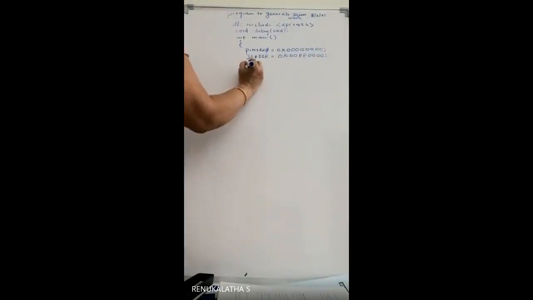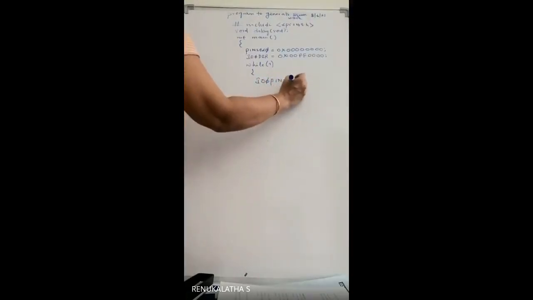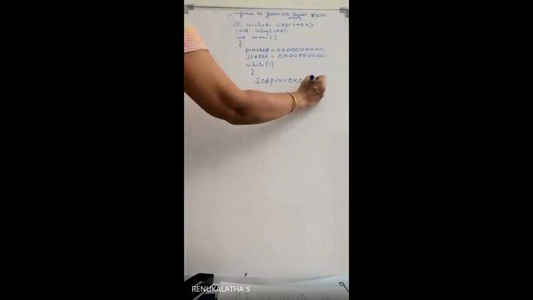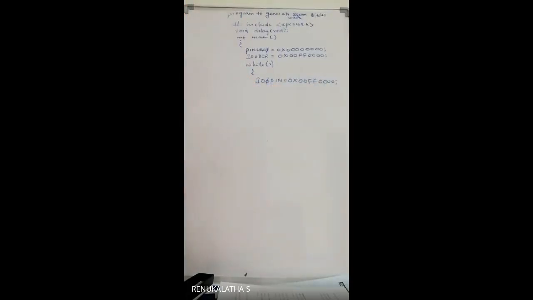So while(1), you start this loop. Right now we pass the data: IO0PIN is equal to 0x00FF0000. Okay, then what should be done? Delay.